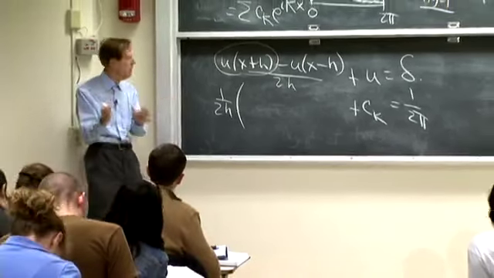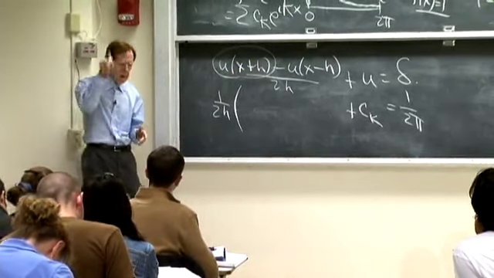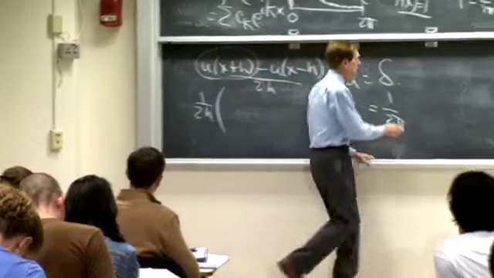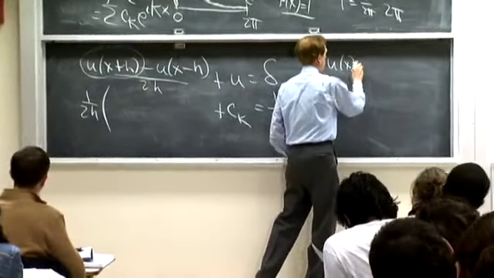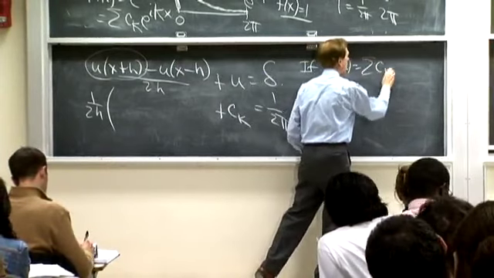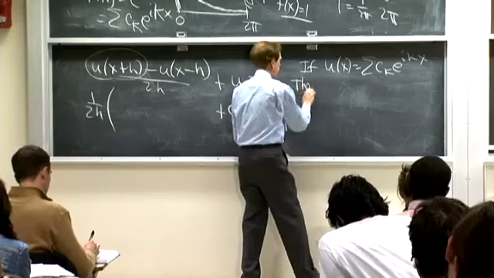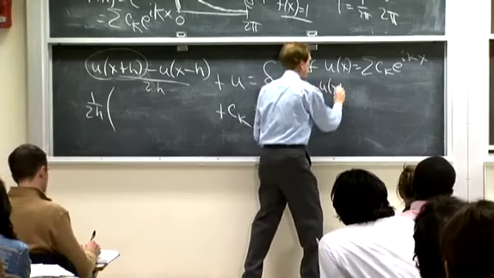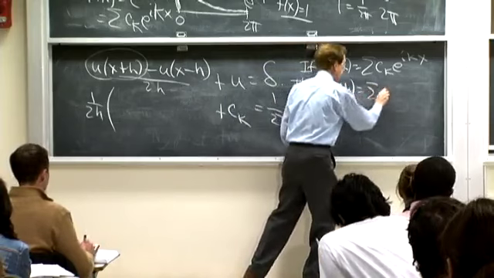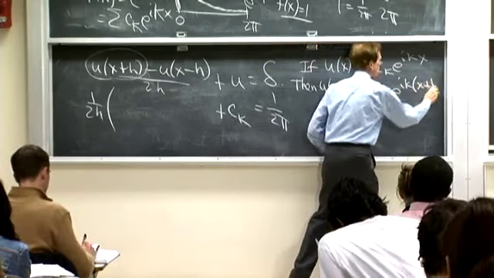When I've shifted a function, then in the transform, I see an e to the i thing. So let's just see. If u of x is the sum of ck e to the ikx, then u at x plus h would be the sum of ck e to the ik x plus h, right?